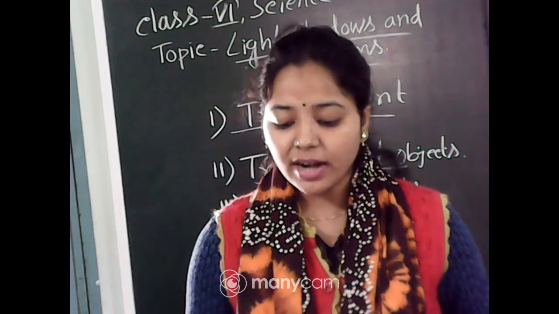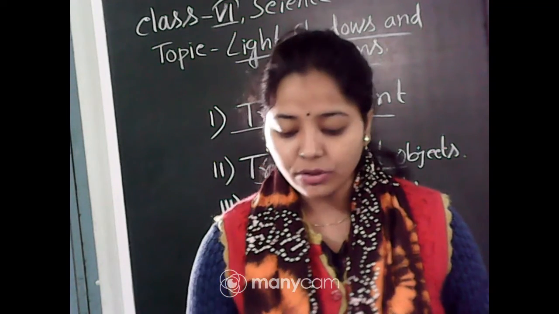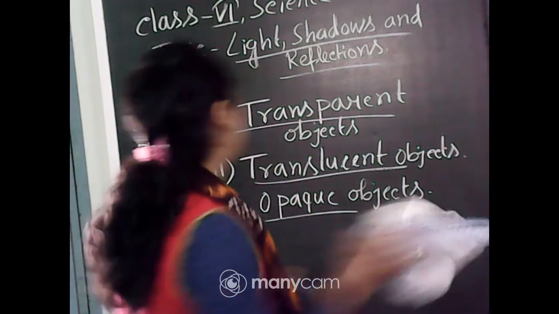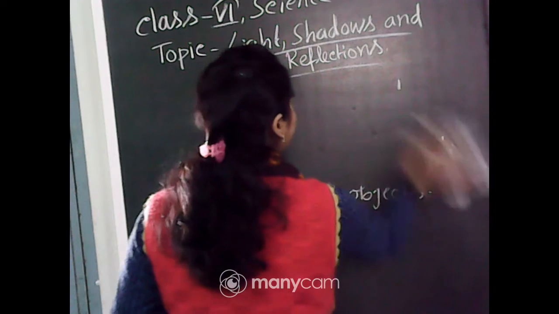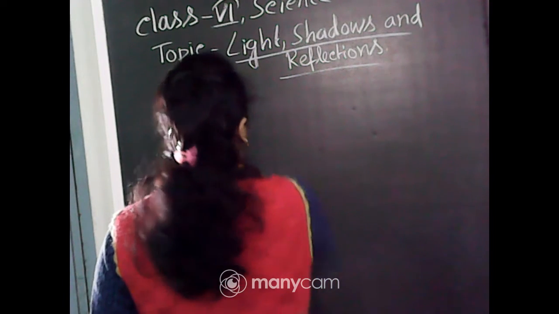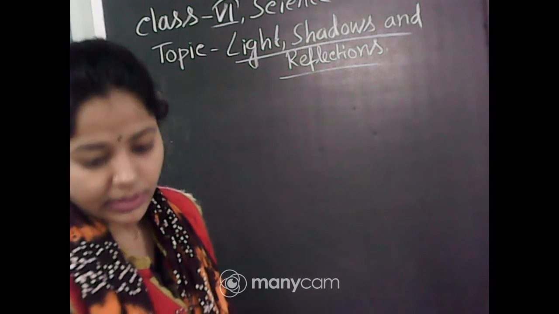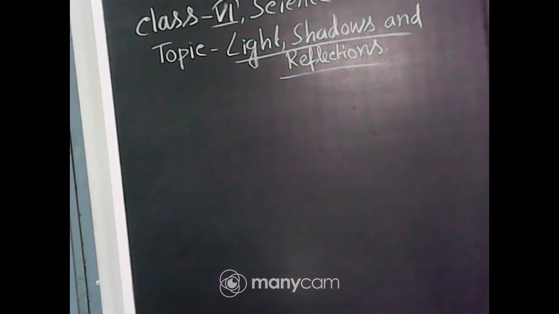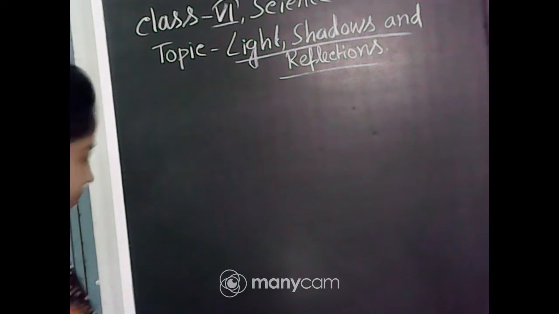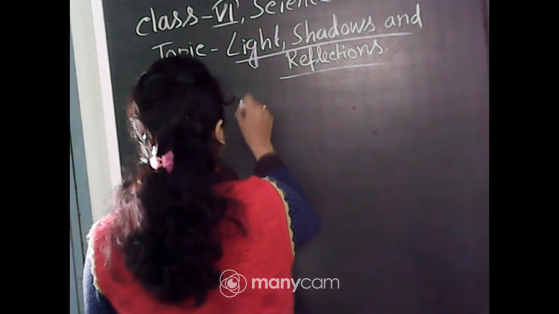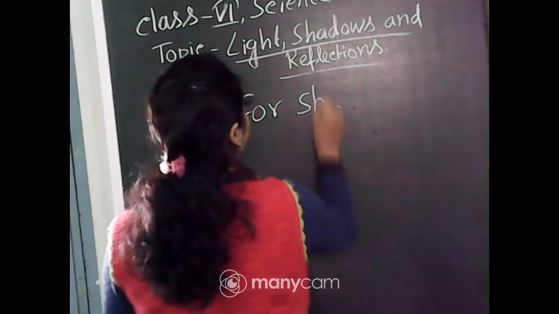So what are the things needed to see a shadow? I am writing on the board. For the formation of a shadow, if we want to watch a shadow, what are the needful items? You can write them.